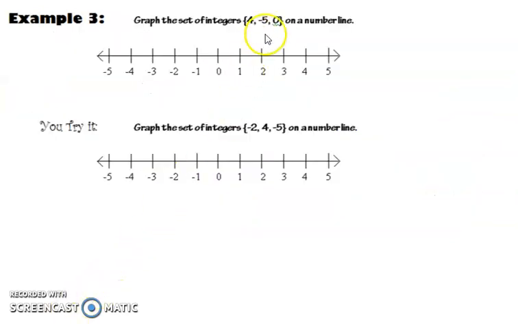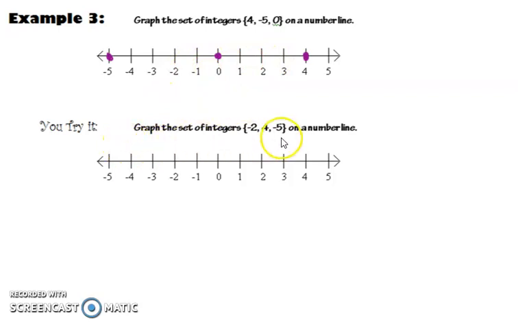Okay, graph these numbers. Now, our book doesn't have us do this just yet, but I just want to make sure that you recognize the values. Okay, so when you draw a number line, of course, you need 2 arrows. Okay, and then you need to put down a few of these lines here so that you can at least represent where they're at. Okay, so 4, we'll plot that one, and then -5, and then 0. And that's all you do. You plot them right on the integer, not off of the side or anything like that.